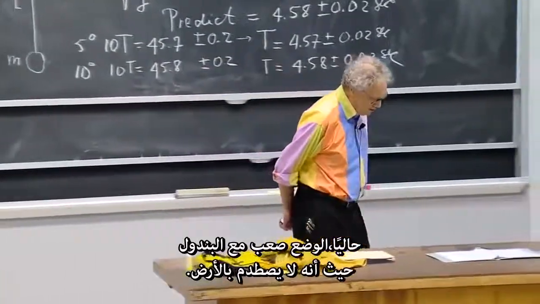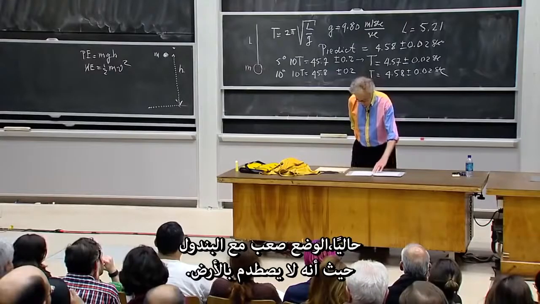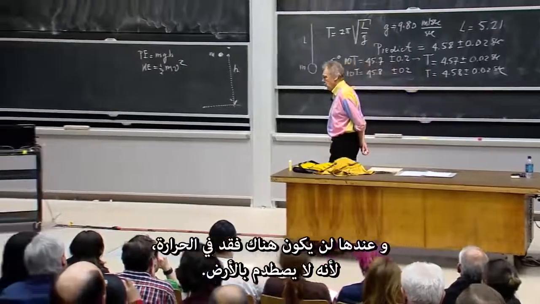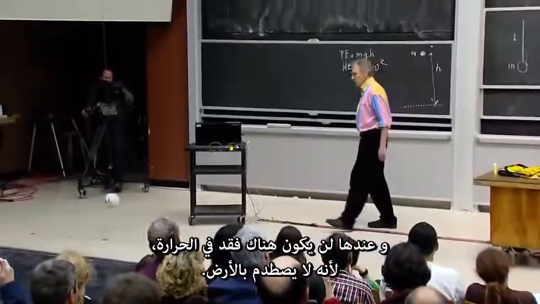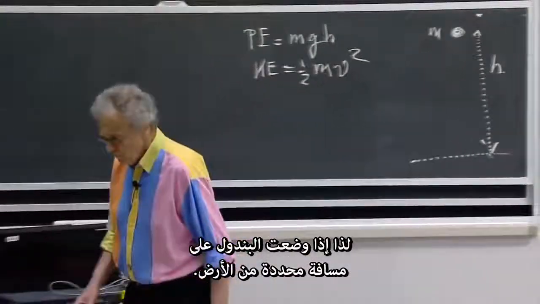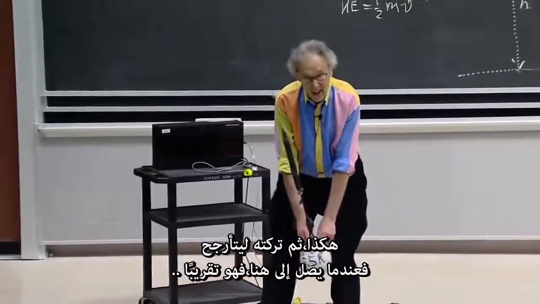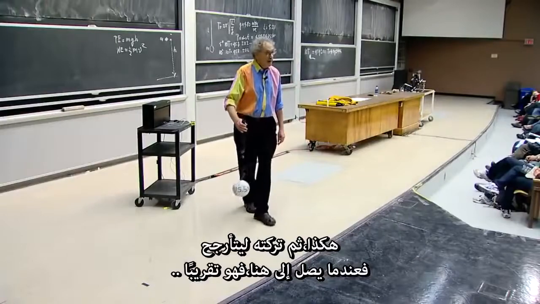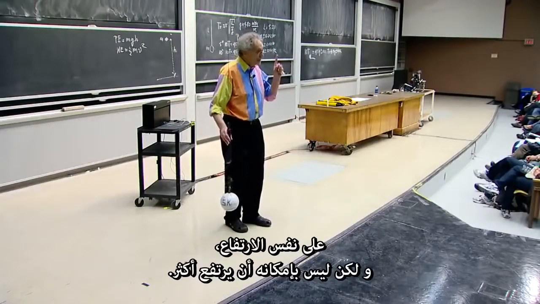Now, the situation is different with a pendulum, because a pendulum doesn't hit the floor, and so there is no heat loss. So if you bring a pendulum at a certain distance above the ground, like this, and you let it swing, when it comes back here, it is almost exactly at that same height. Cannot be higher.